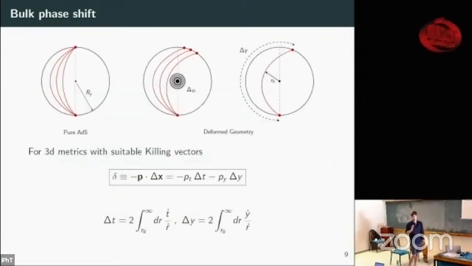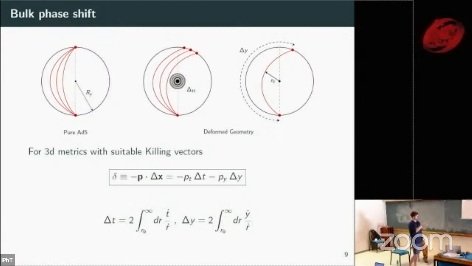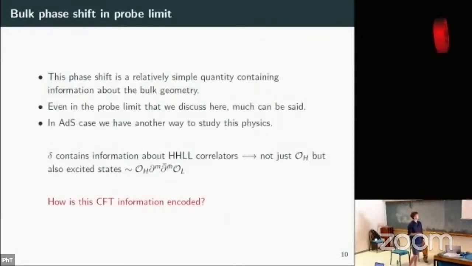You have to do integrals, but you are just computing integrals. Even though this is the probe limit, it turns out that it contains a lot of information. Maybe it's not surprising after Rodolfo's introduction, but because we're in AdS and in this particular setup, we have quite a lot to say from the CFT.